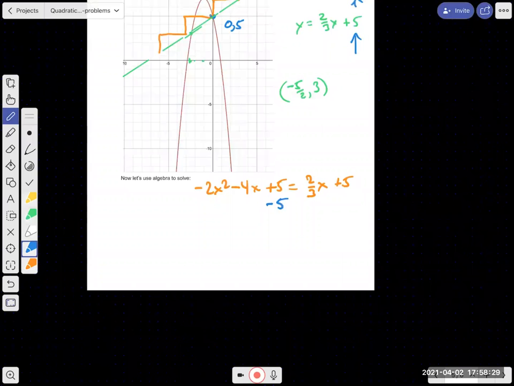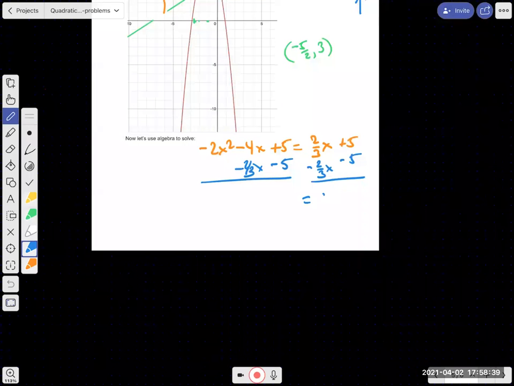I'm going to subtract 5, and then I'm going to subtract 2/3 x from both sides. So I'll have all that equal to 0. And on this side, I'll have minus 2x squared. Then over here, let's say, so it's 12/3 minus 14/3 x. And that's it, right? The minus 5 and the plus 5 cancel out.